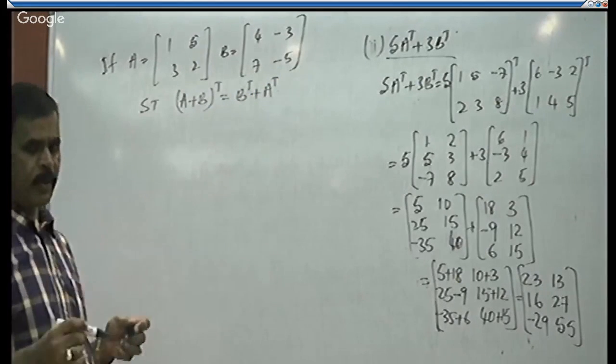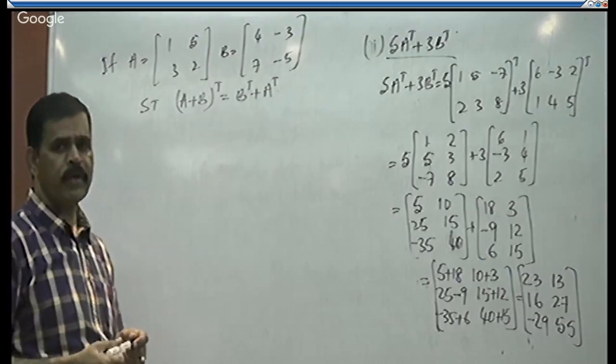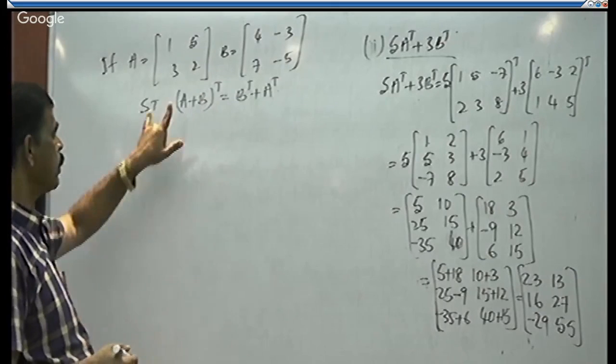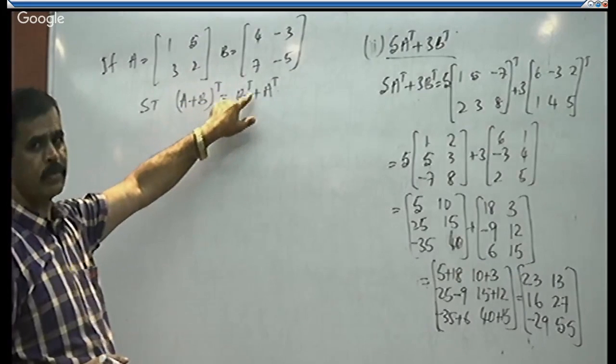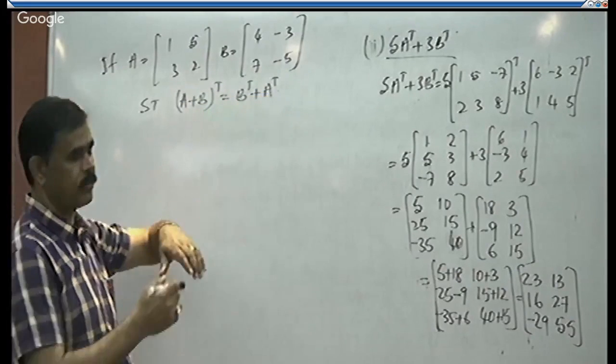So in this problem, I need to verify the property. What is that property? A plus B whole transpose is always equal to B transpose plus A transpose.